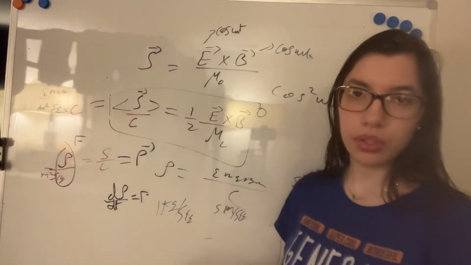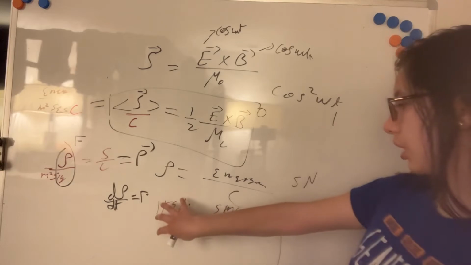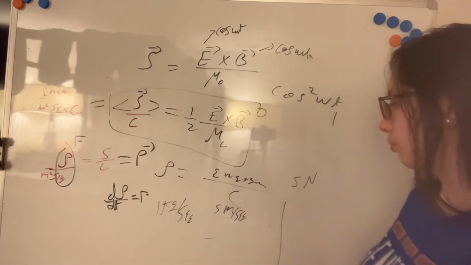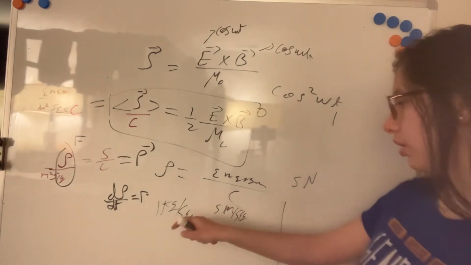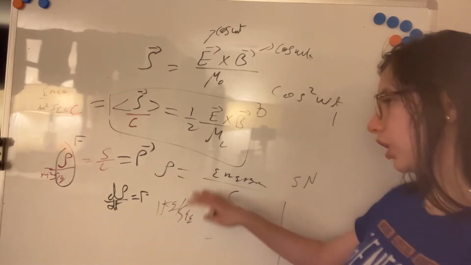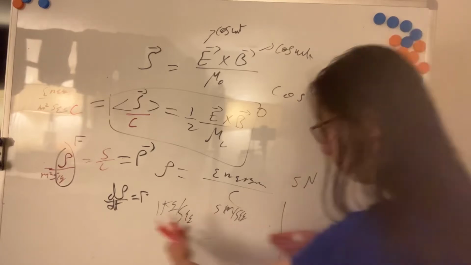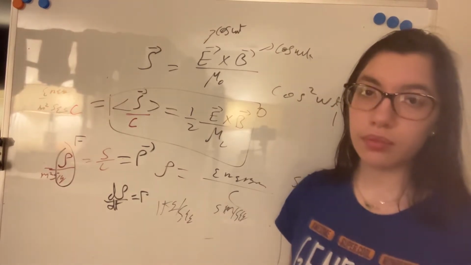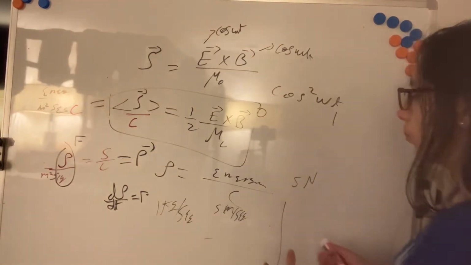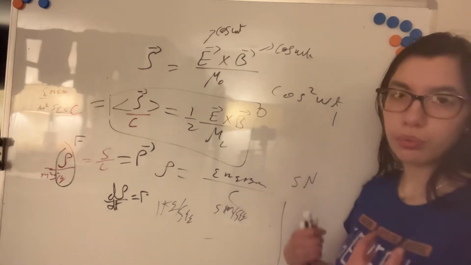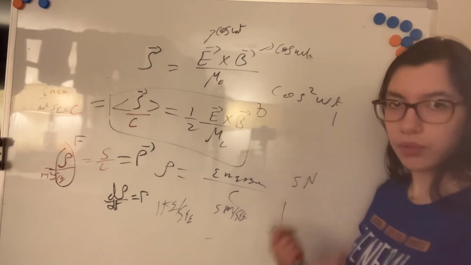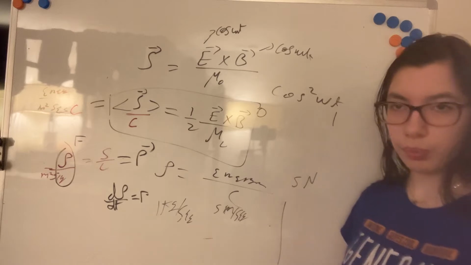And this is just conservation of momentum. Here at the beginning, I had 5 kilogram meter per second, because I had 1 kilogram per second that will advance 5 meters. And when it goes to the wall, I'm feeling that 5 newtons. So I am absorbing that momentum.